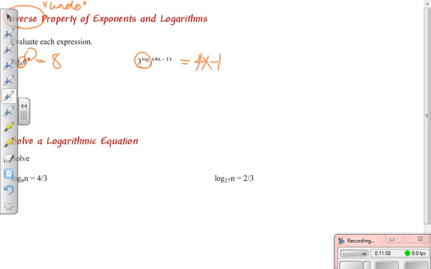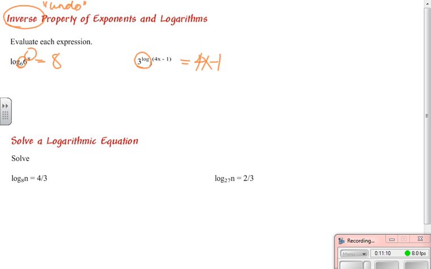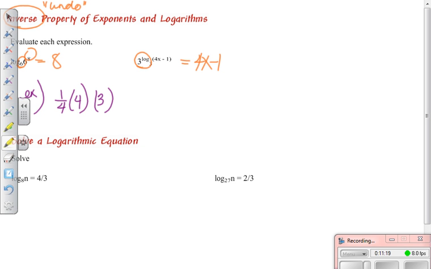It really is that simple. It would be like, for example, if you take 1/4 times 4 times 3, these two undo each other, so your answer is 3. So in a sense, they cancel, they become 1, or they undo. You multiply by 4, then divide by 4.